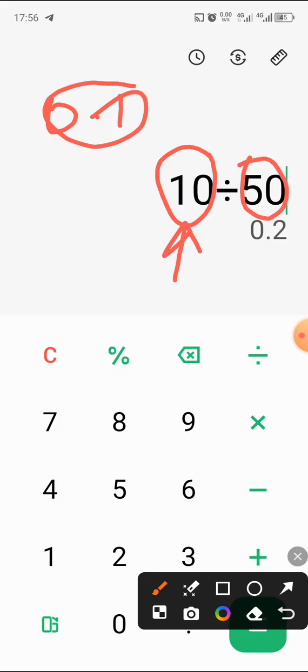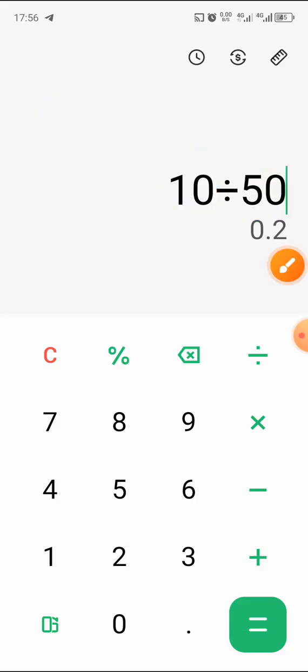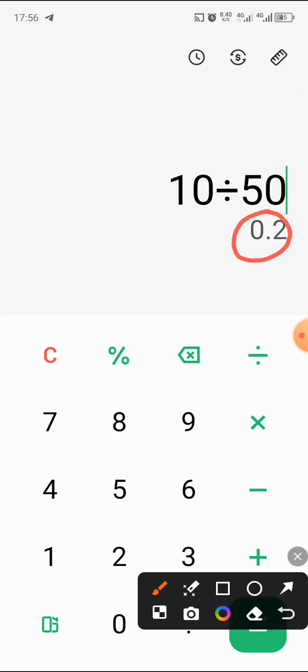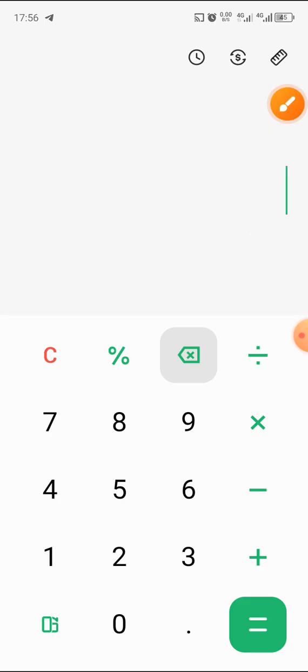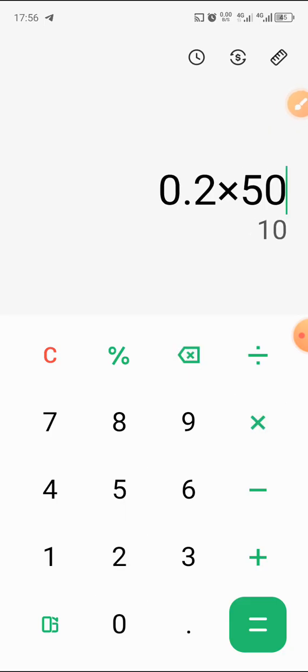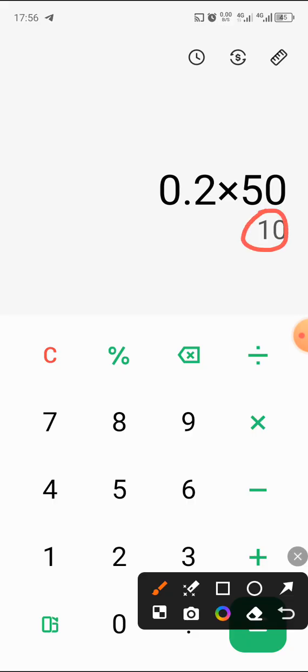So to get the multiple, you have to divide the amount you want your robot to put in the market by the first buy in amount. So it will give you 0.2. Let's confirm. Is it correct? 0.2 times 50. You see, it is $10.